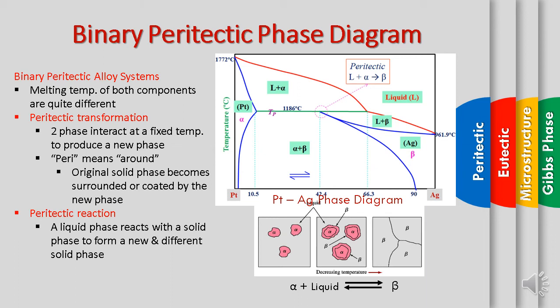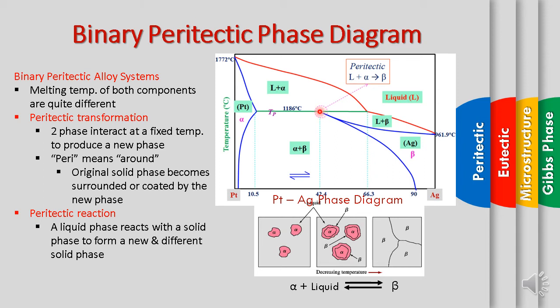So in this case, we call it a binary peritectic alloy system or binary peritectic phase diagram, where the peritectic is represented at this point. Okay, peritectic.